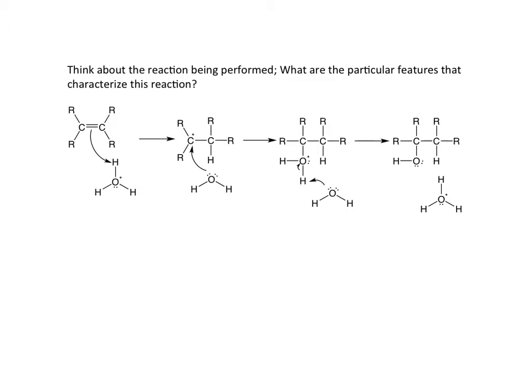But if we look at the elements of the acid catalyzed hydration, the hydronium ion, right? If we've got an acid in water, our strongest available acid is the hydronium ion. So the hydronium ion is acting as the acid. The alkene is acting as the base. We protonate our alkene, making a carbocation.